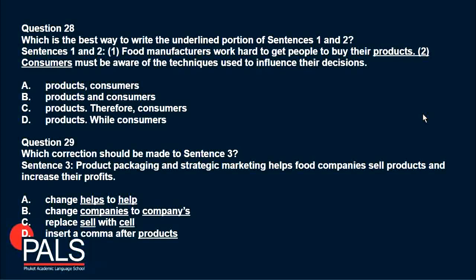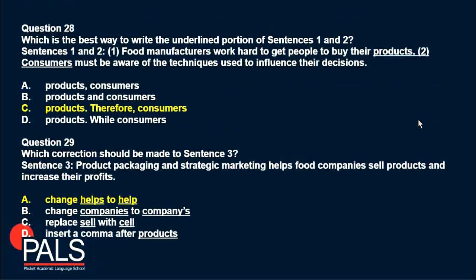Consumers must be aware of techniques used to influence their decisions. Now with that, you already know that something is off. It sounds off. Now, let's go with 29. Sentence 3. Product packaging and strategic marketing helps food companies sell products and increase their profits. Okay, I'll give you a few minutes to think about this. Please pause your screens.